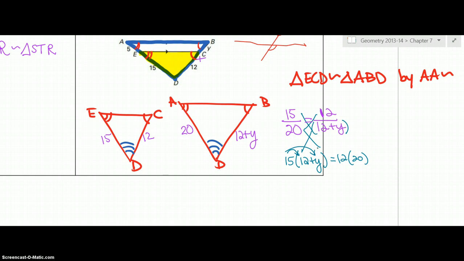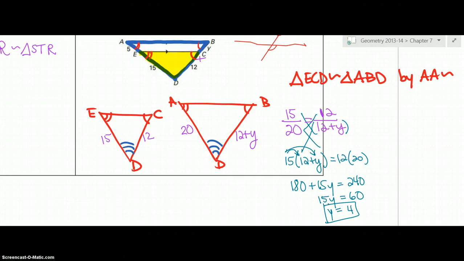And somebody help me out, 15 times 12? 180? I think last hour got 180. And then 15 times y is 15y equals 12 times 20, so 240. We want to get the 15y by itself, so we're going to subtract 180. And we get 15y equals 60. Divide by 15 and we get y equals 4.